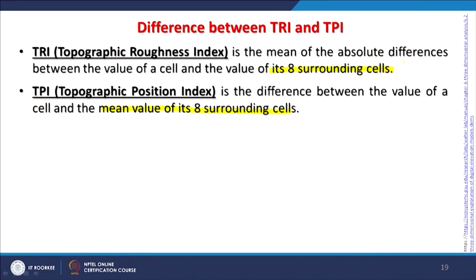In one, it is the absolute difference between the value of the cell and its neighbors, whereas in the other it is the difference between the value of the cell and the mean value.